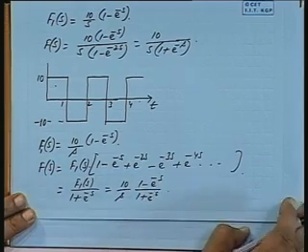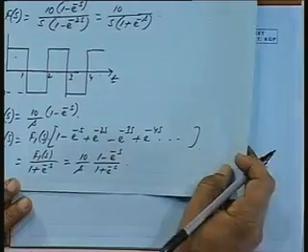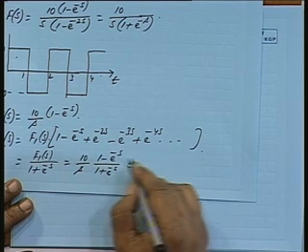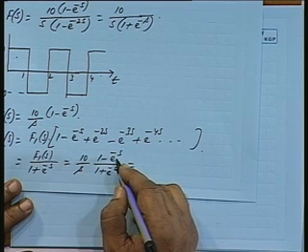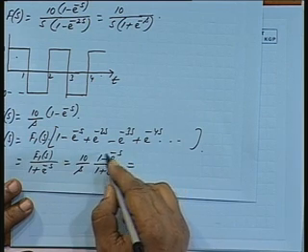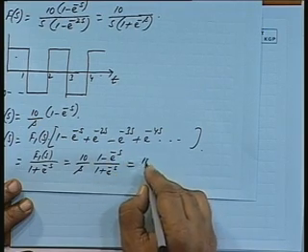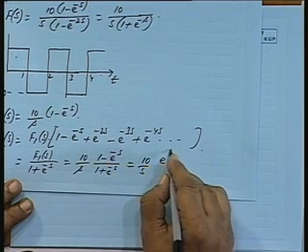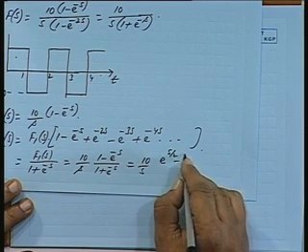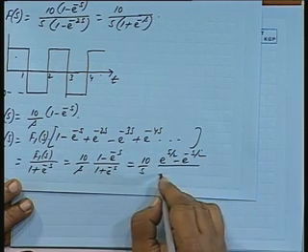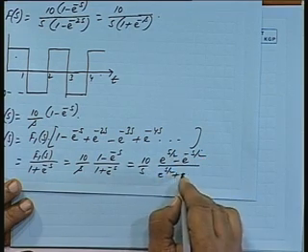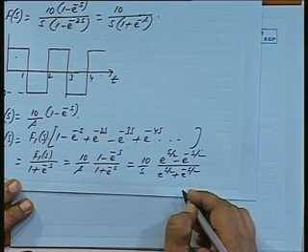What is it? Can I not take e to the power s by 2 and multiply throughout by e to the power s by 2? So, it will become e to the power s by 2 minus e to the power minus s by 2, divided by e to the power s by 2 plus e to the power minus s by 2.